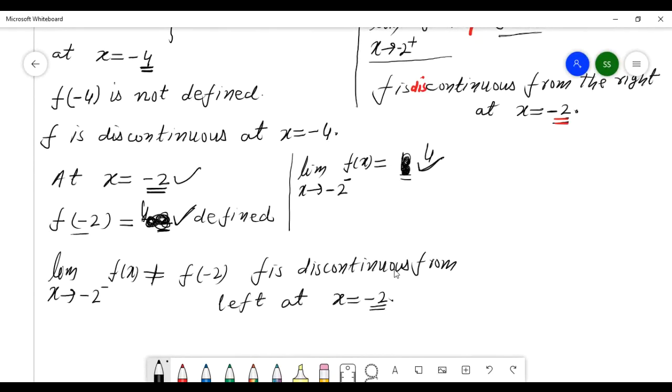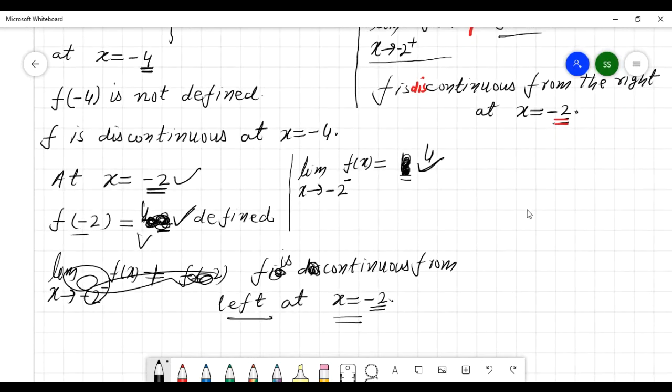So this is continuous, this is equal. This is continuous at x equal to -2. I have just checked this point.